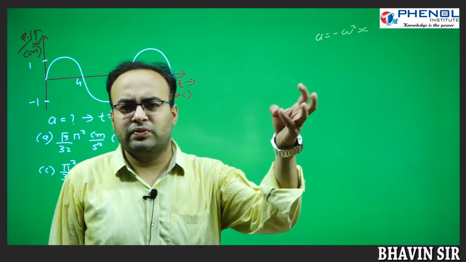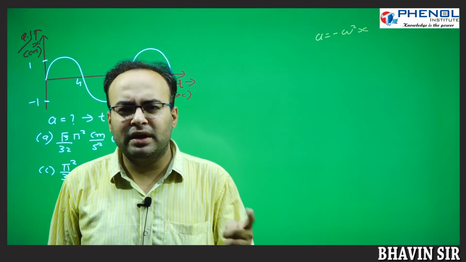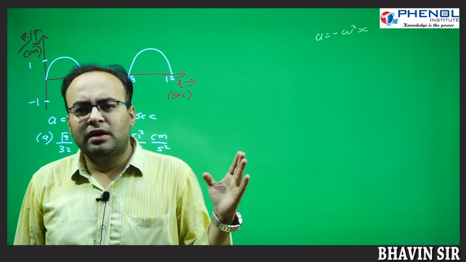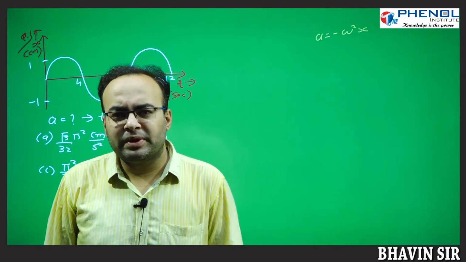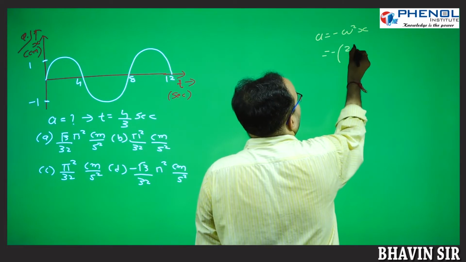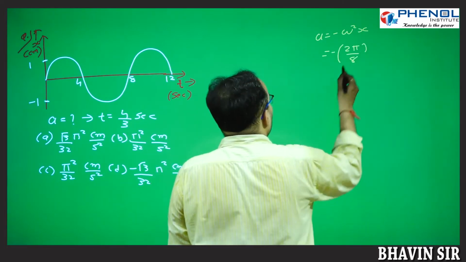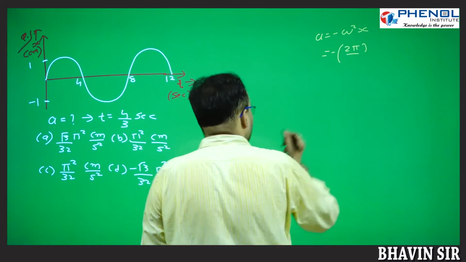So first we want to find omega, then we want to find x. We want to find both omega as well as x. So omega means what, students? Omega is equal to 2 pi by T.